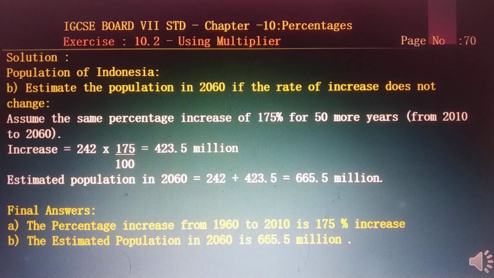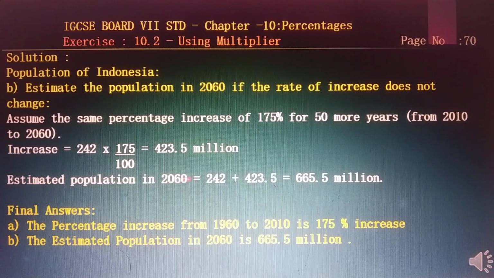The population of Indonesia: estimate the population in 2060 if the rate of increase does not change. Assume the same percentage increase of 175% for 50 more years, from 2010 to 2060. Increase: 242 times 175 upon 100, we are getting 423.5 million.